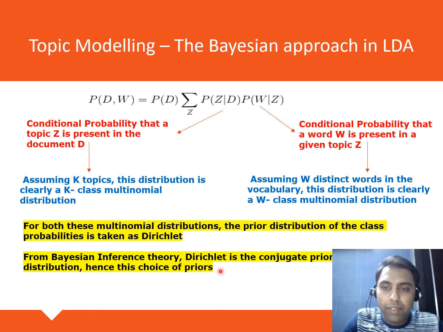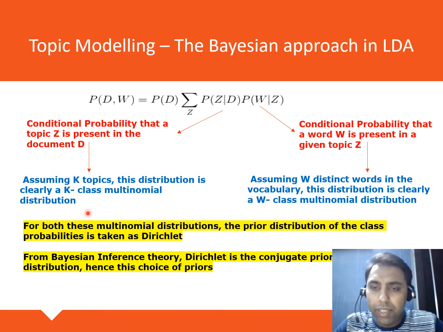If you don't understand this part, it is not going to stop you from understanding anything I talk about in the rest of the video. So that's where the Bayesian part comes in, and that's where the Dirichlet distribution is used, and that's why it finds its place in the name, latent Dirichlet allocation.